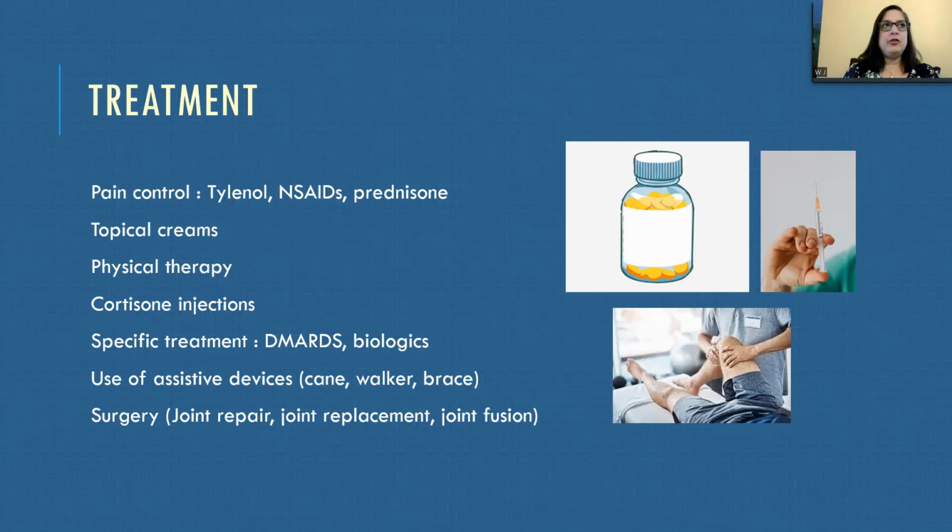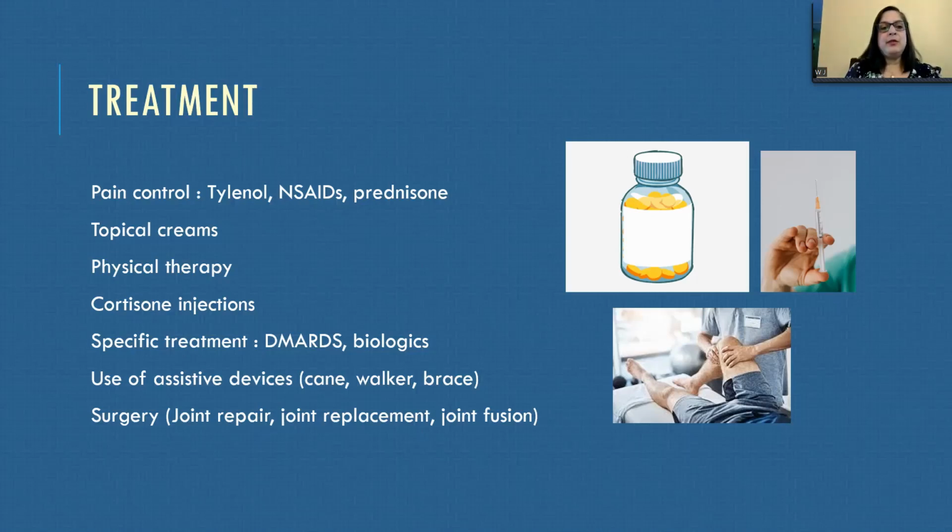If there are joint swelling and inflammation, then cortisone injections can be done into the joint, commonly in the knees, the hips, and could be in the shoulders, wrists, and small joints of the hands. Also, spinal cortisone injections can be done, but that needs a special referral to pain management or a physiatrist.